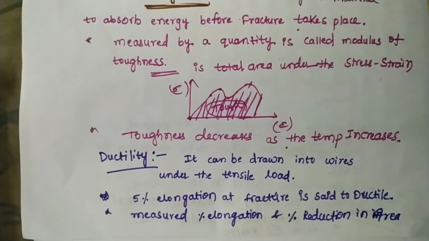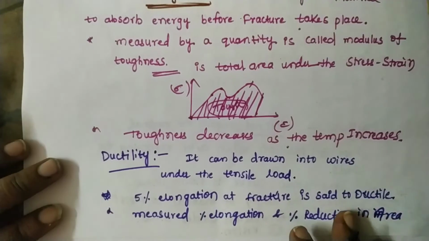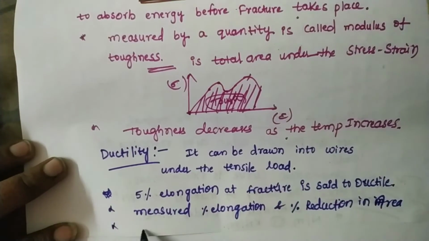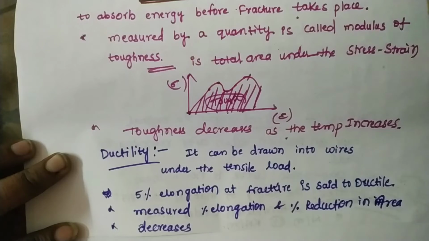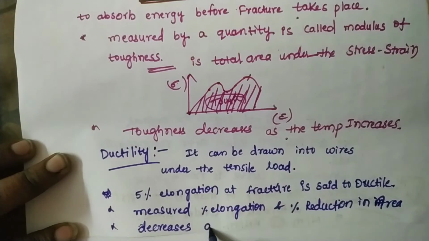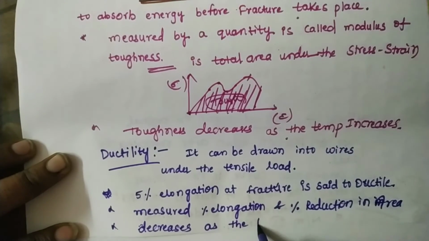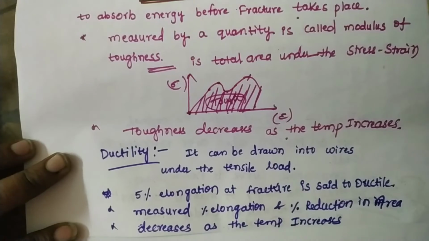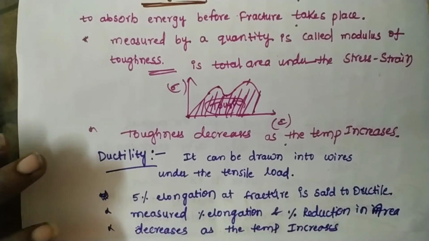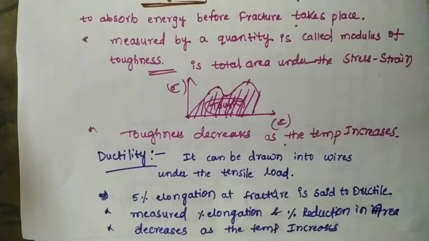Then the ductility of a metal decreases as the temperature increases, because metals become weak as temperature increases.